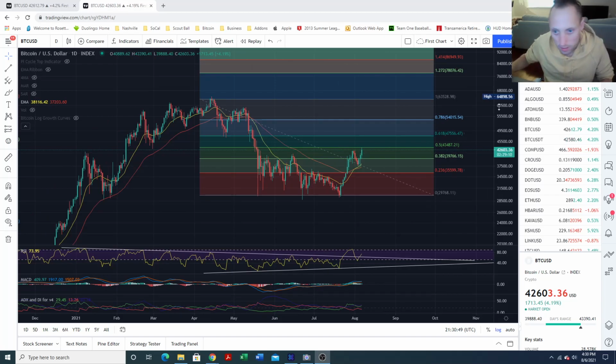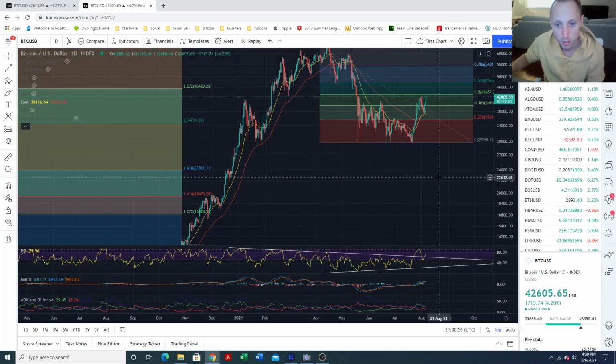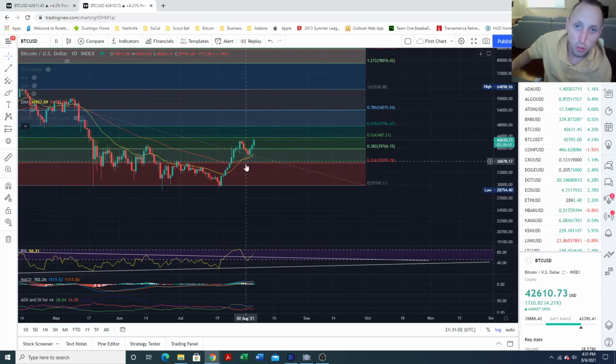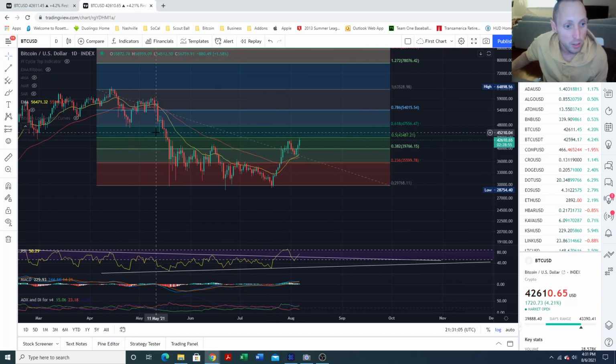CoinsKid, a great YouTuber, identifies a lot of these trends as well. When you see these cross right here, this is what's called a golden cross. This is usually really, really good. The short term crosses over the long term, and this tends to be a bullish indicator.